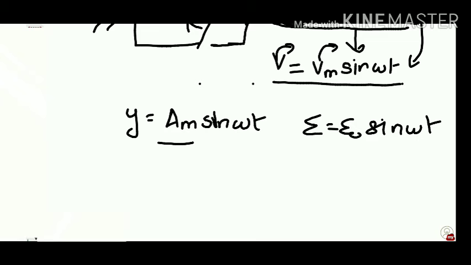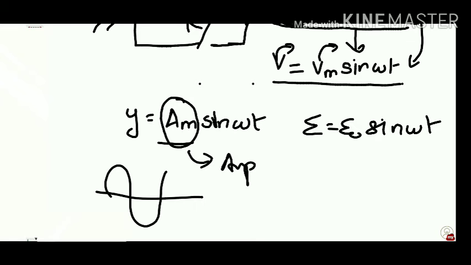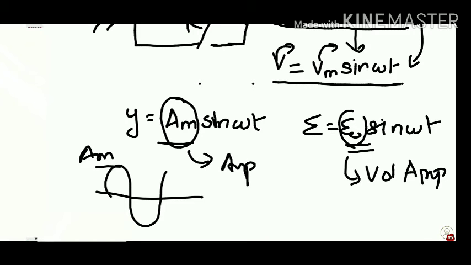What was Am in our wave equation was the amplitude of the wave. Similarly, this peak EMF or peak voltage can also be called the voltage amplitude. Which one? This epsilon naught, because it is quite the same.